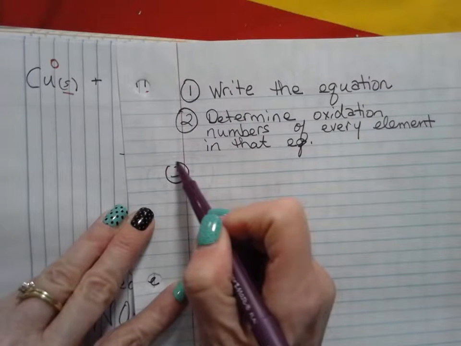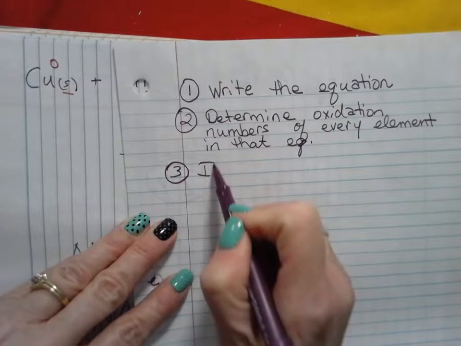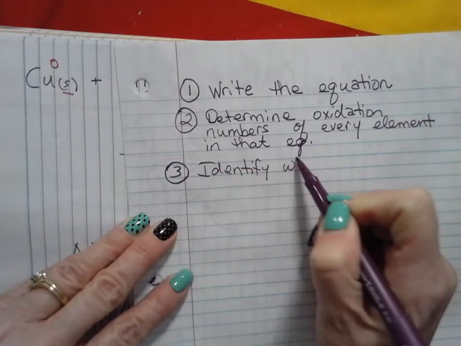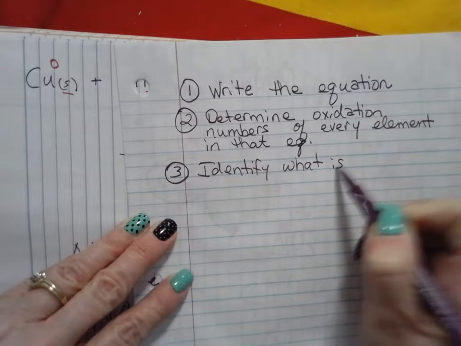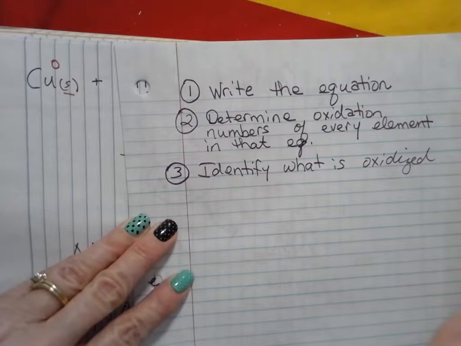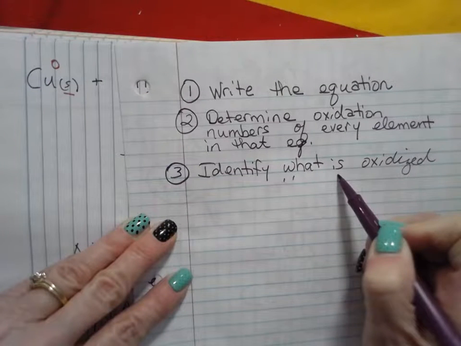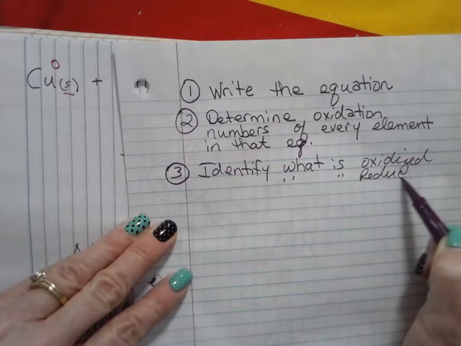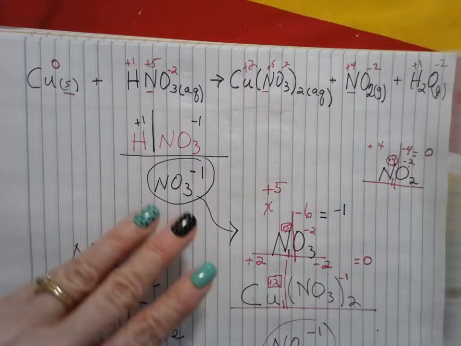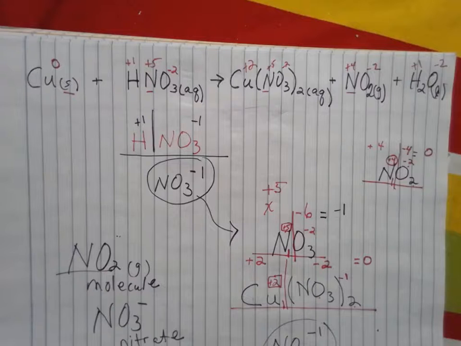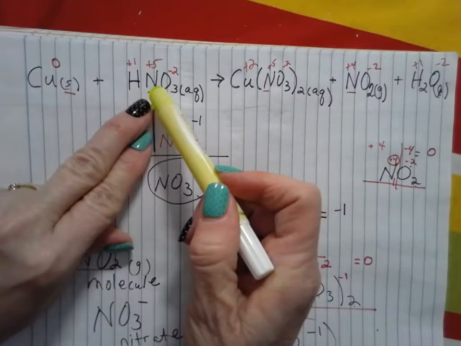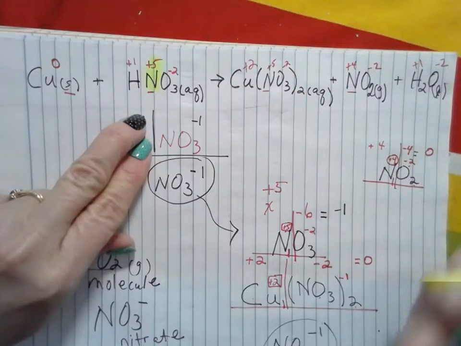Remember, step 3 is we have to identify what is oxidized and what is reduced. If I look, I've got one of these nitrogens that's going from a +5 to a +4.